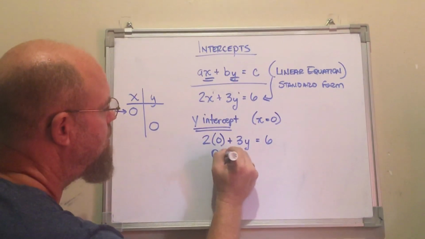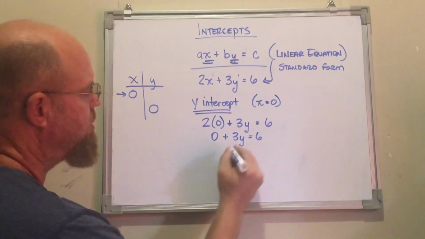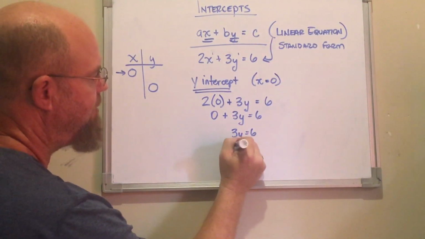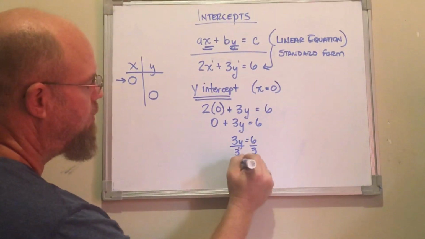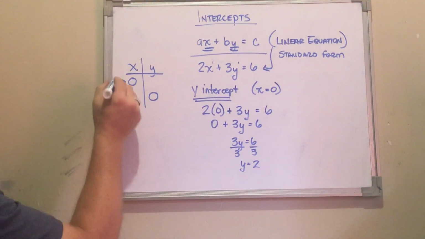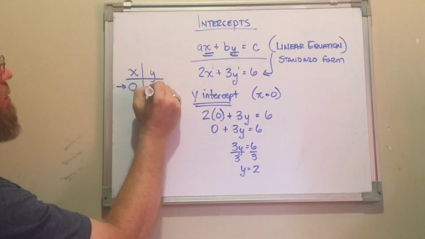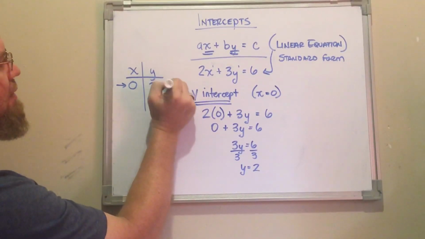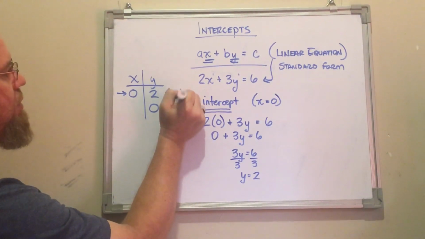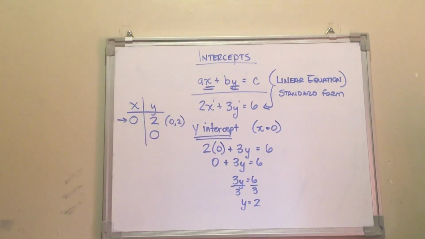So I have 0 plus 3y equals 6, which is also the same thing as just 3y equals 6. Then I can divide both sides by 3, where y equals positive 2. So when x equals 0, y equals 2. That is our first point, x is 0, y is 2, and that is our y-intercept.